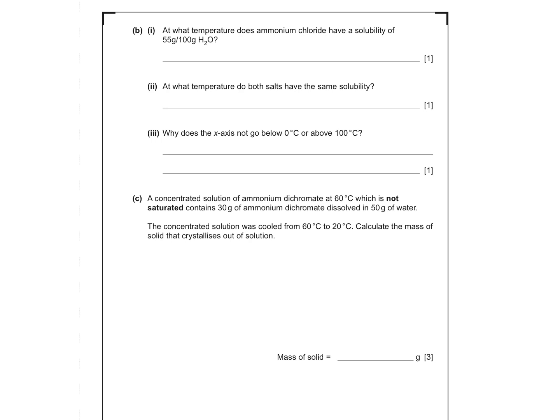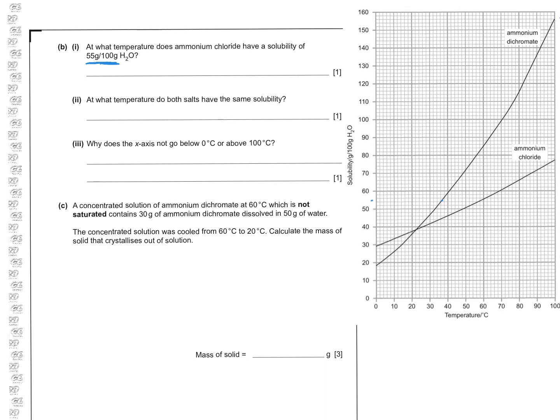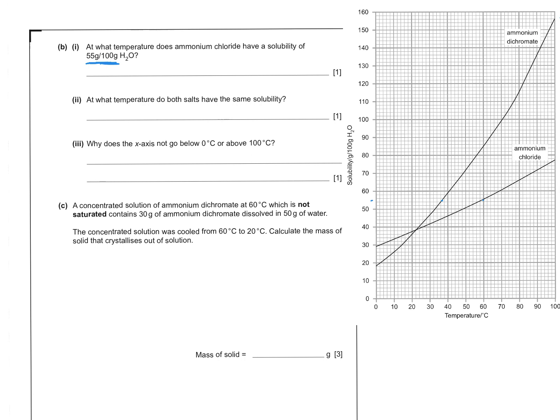Okay, ammonium chloride and a solubility of 55 grams per 100 grams. So we go to the graph, look for 55, because that's the solubility, and just read across until it meets the ammonium chloride line. So you can see it's about there.